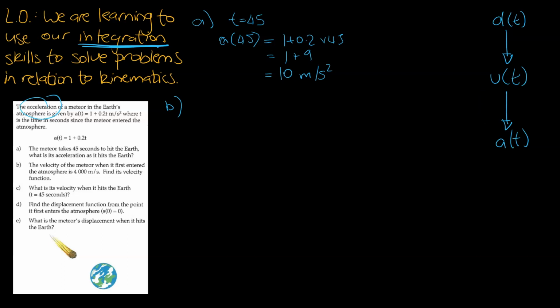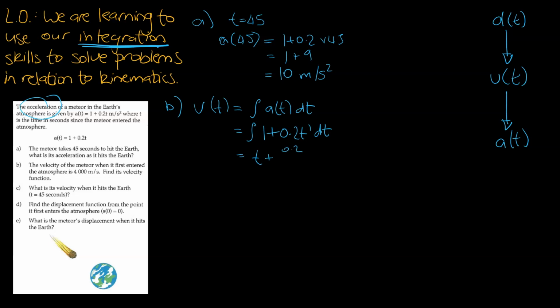So our starting point would be the velocity in terms of time is equal to the integral of the acceleration. And that's going to be the integral of 1 plus 0.2t dt, which is going to be equal to t. And don't forget that t there has a power of 1.